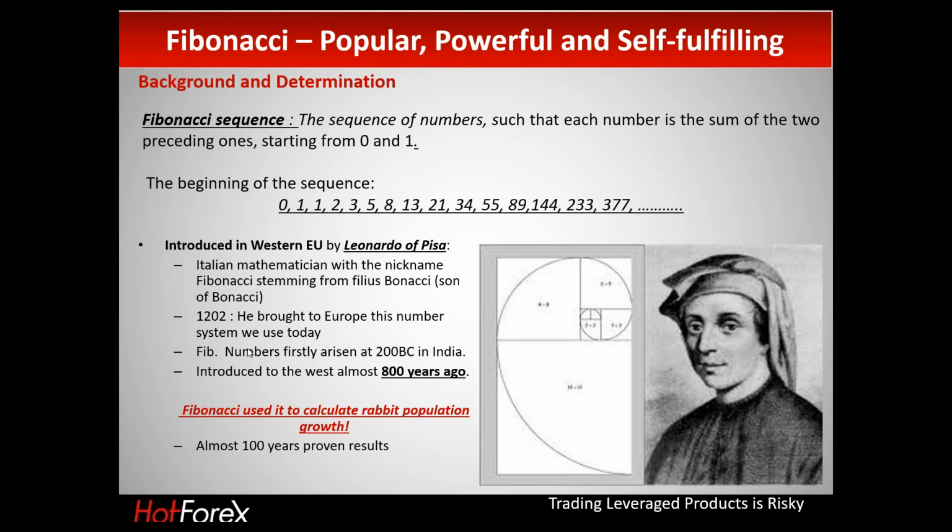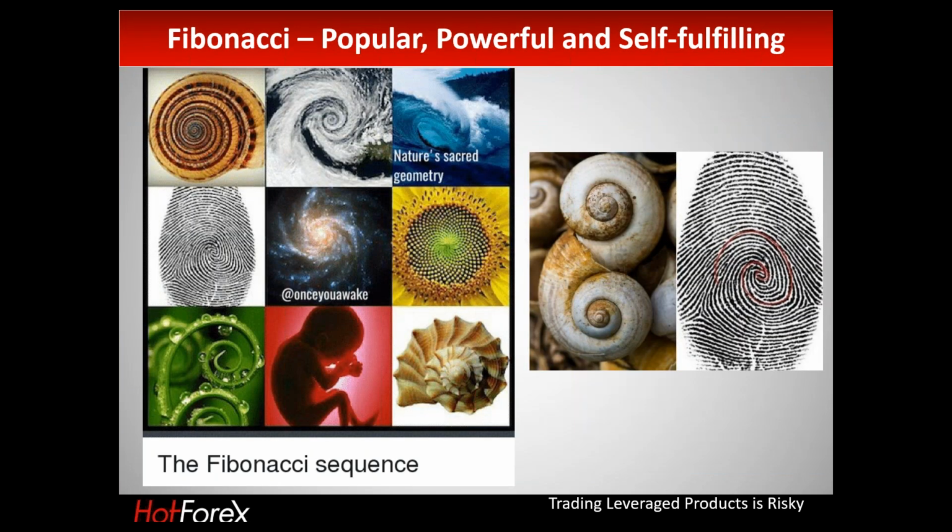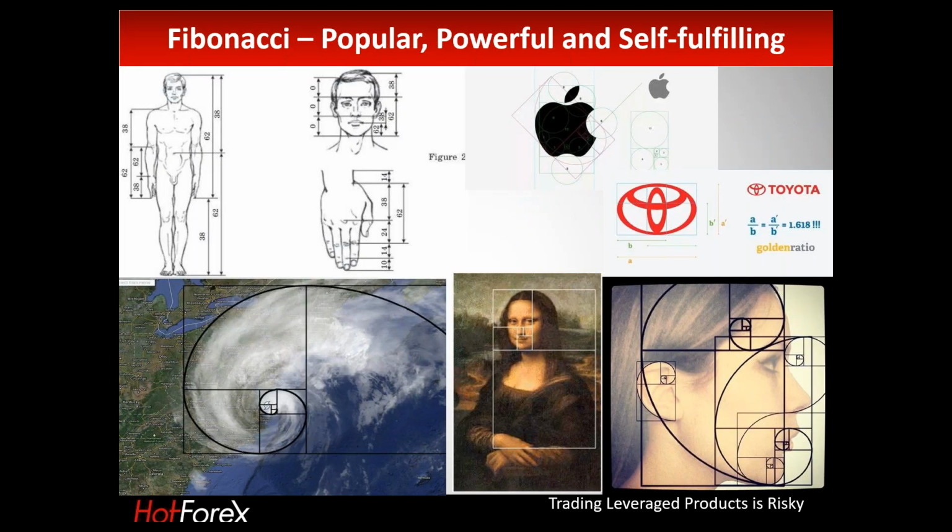So very briefly, just to move on, you can see this cycle and these measures have been observed in several things in life. Even our shape has a sequence, and it's based on the Fibonacci sequence.